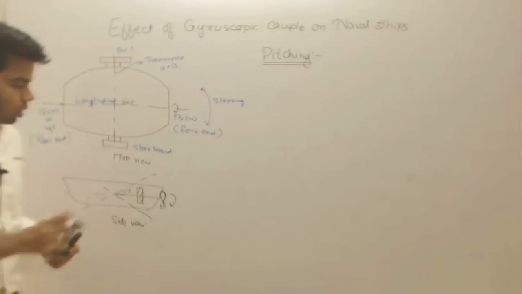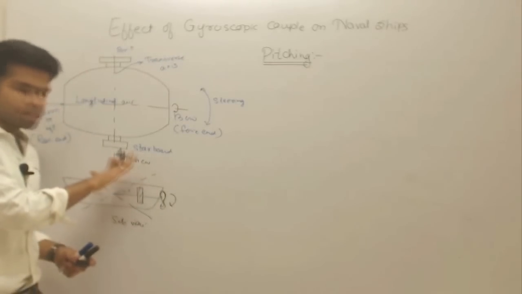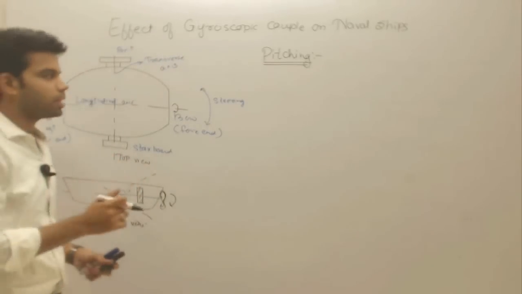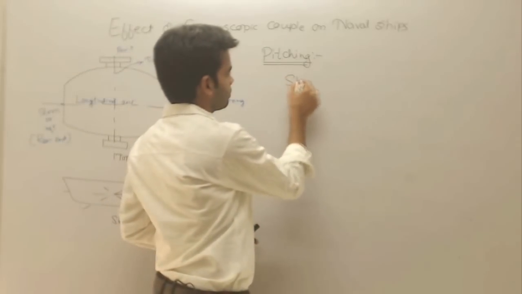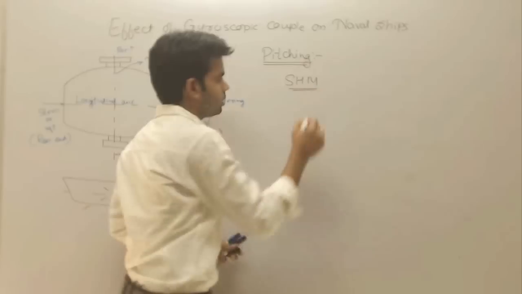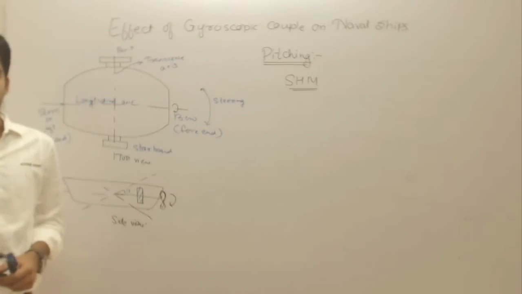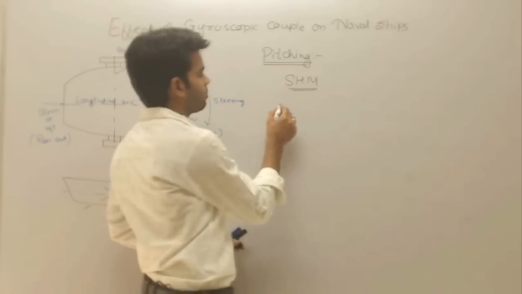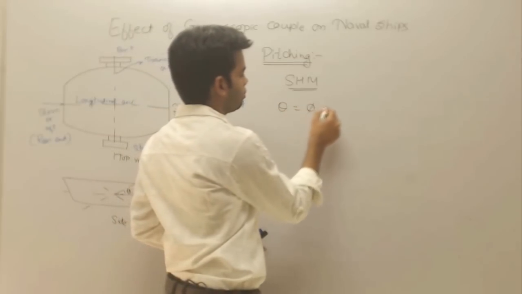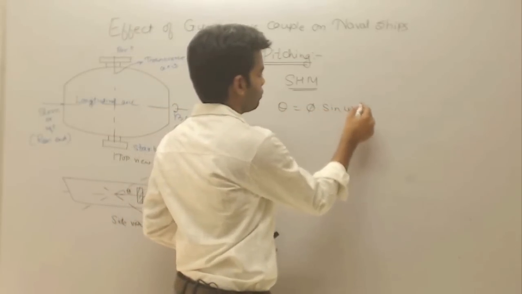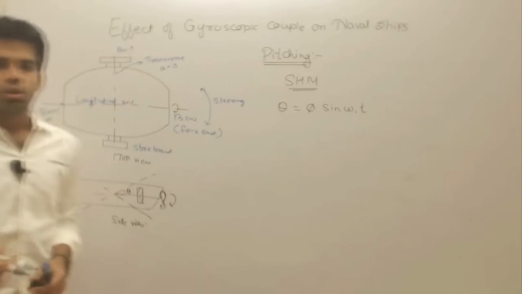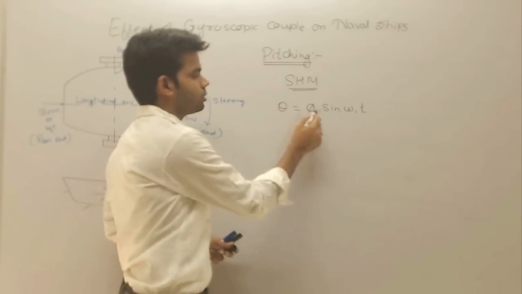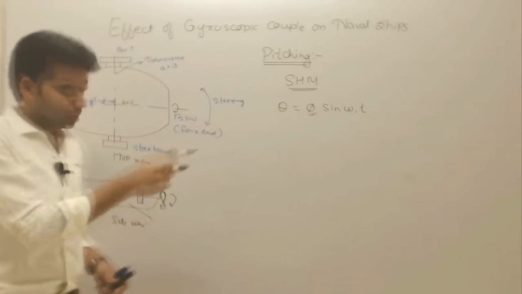Now, if the ship is pitching, let's suppose that the pitching motion is a simple harmonic motion. Okay. So what will be the value of this theta? This theta will be equal to phi sine of omega 1 t, where phi is the amplitude, and theta is the displacement in the vertical plane.